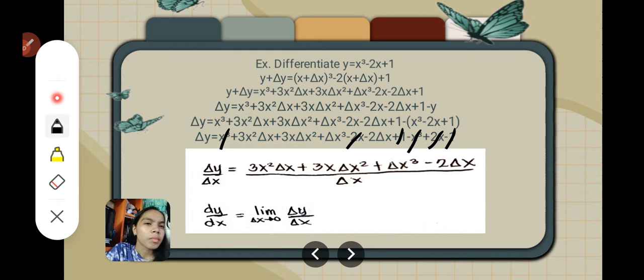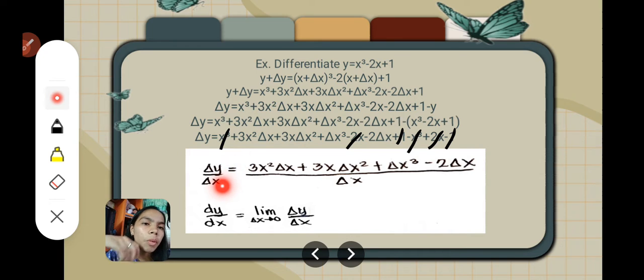So the remaining will be delta y equals 3x squared delta x plus 3x delta x squared plus delta x cubed minus 2 delta x.